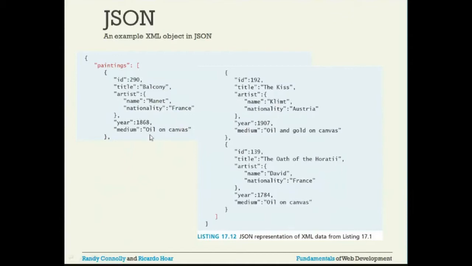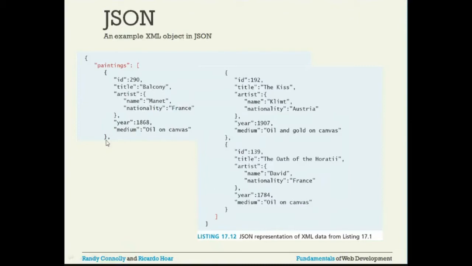So this is the first object, the second, and the third set of painting information. These objects, each with an opening and closing curly brace, are separated by commas. And these are indexed by 0, 1, and 2.